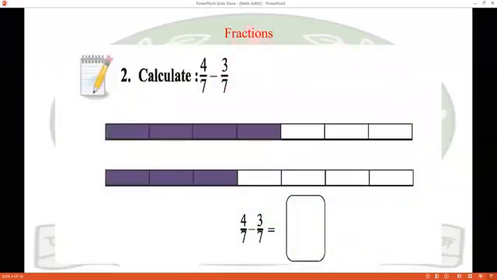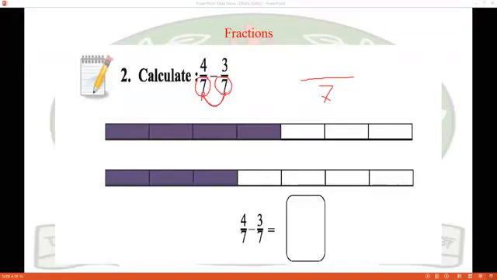We solve it by following these rules I said in the previous slide. You see that there is a common denominator, 7 and 7. So in the result the denominator will also be the same.